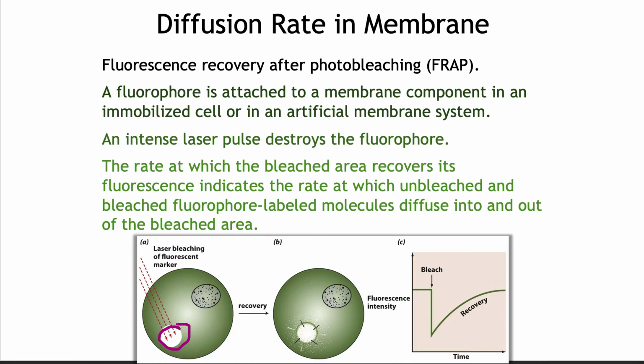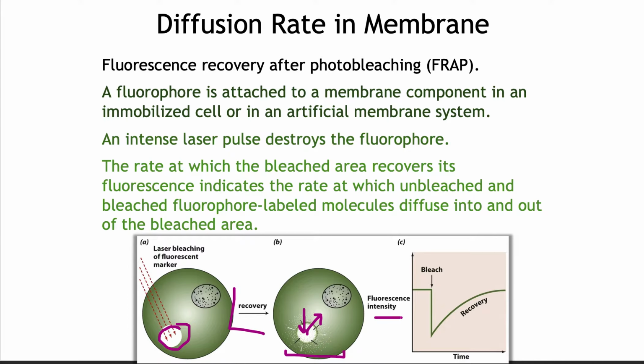Then we wait for recovery, and it takes really only a few milliseconds for it to recover, where the unbleached molecules are diffusing towards the bleached area, and the bleached molecules are now diffusing away from it.